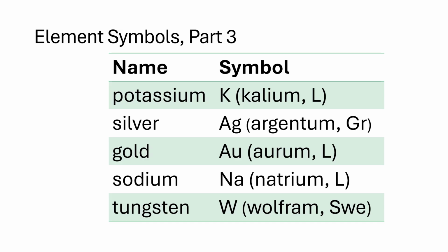So for instance, tungsten, W, that comes from wolfram, which is the Swedish word for tungsten. Sodium symbol, Na, comes from Latin, natrium. The previous patterns still hold, though, that the first letter needs to be in uppercase and the second letter, if there is one, needs to be lowercase.